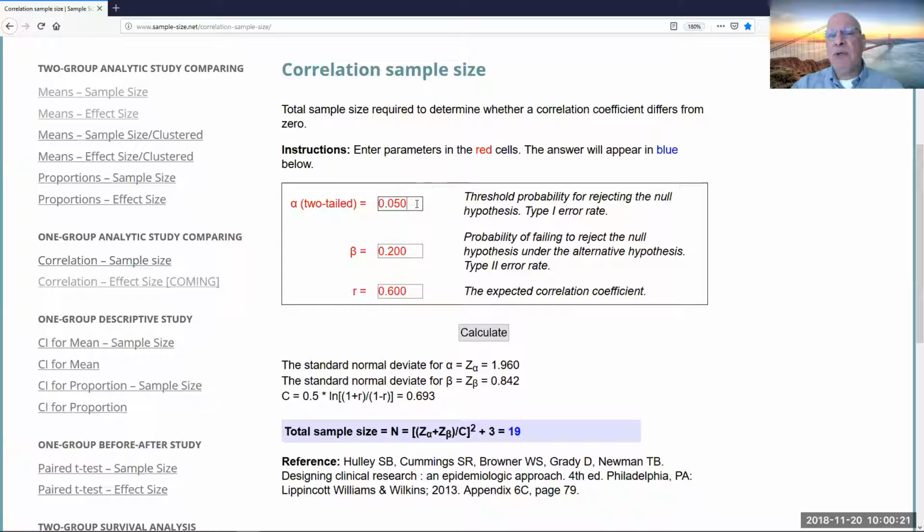What is the acceptable error in doing so? Well, that should not be more than 1 out of 20, which is 5%. And that's why we have 0.05 in this field.